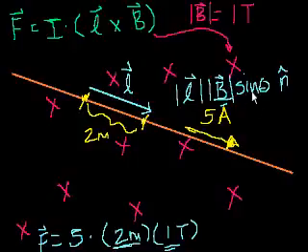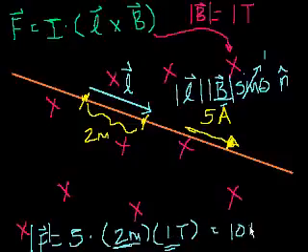So this angle is 90 degrees, and the sine just becomes 1. So in terms of the magnitude, we're done. The L cross B magnitude is 2 times 1 Tesla, and then we multiply that times the current, and we have the magnitude of the force. The magnitude of this force is 5 amperes times 2 meters times 1 Tesla, which is equal to 10 newtons.